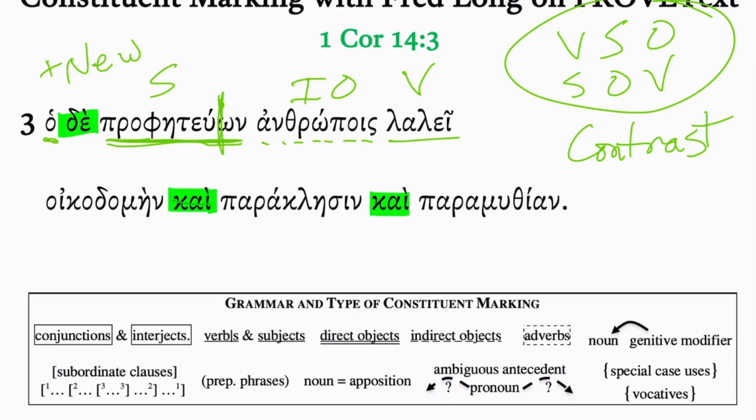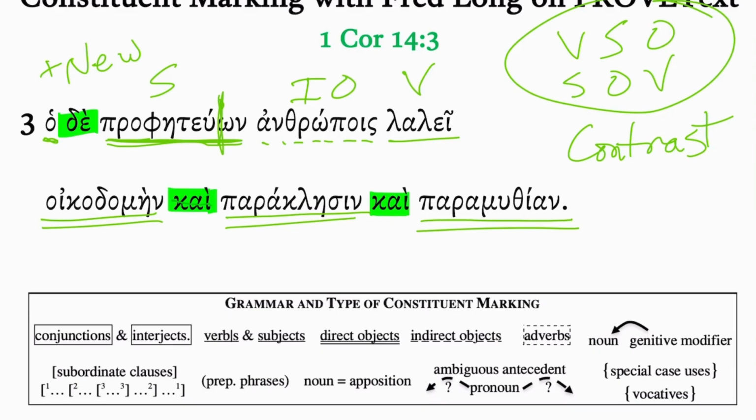Well, you have a list: oikodomēn kai paraklēsin kai paramythian. So upbuilding, admonishment, and paramythian is more like encouragement. So you have upbuilding, admonition, and encouragement.